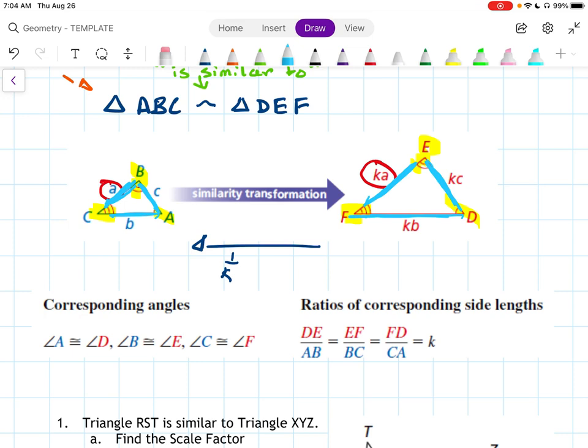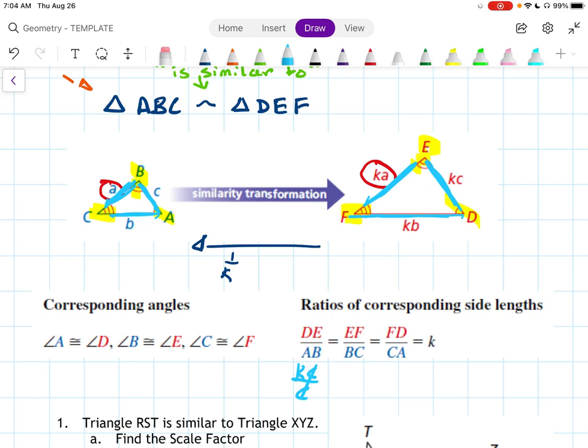So each of those would be equal to K, right? Because for DE, it is KC, and then AB is just a plain old C, right? So you cancel the C's out and you're left with K.